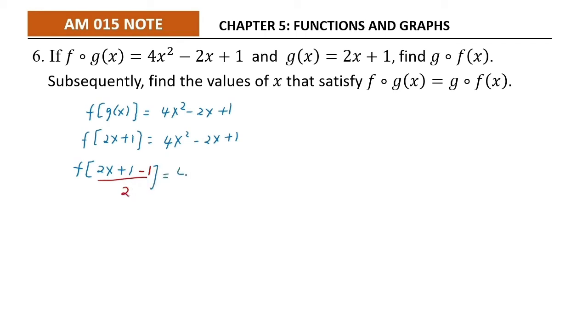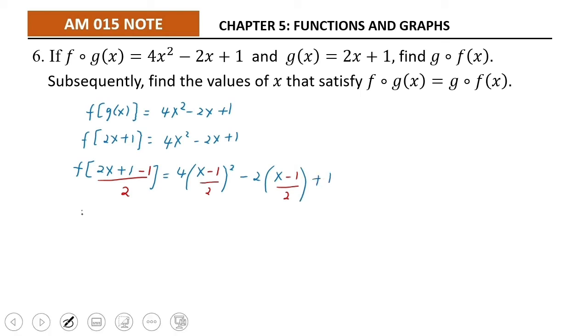Square, minus 2 times (x minus 1) divided by 2, plus 1. Simplify. Plus 1 minus 1 cancels out. 2 divided by 2 is 1. So we have f(x) here.